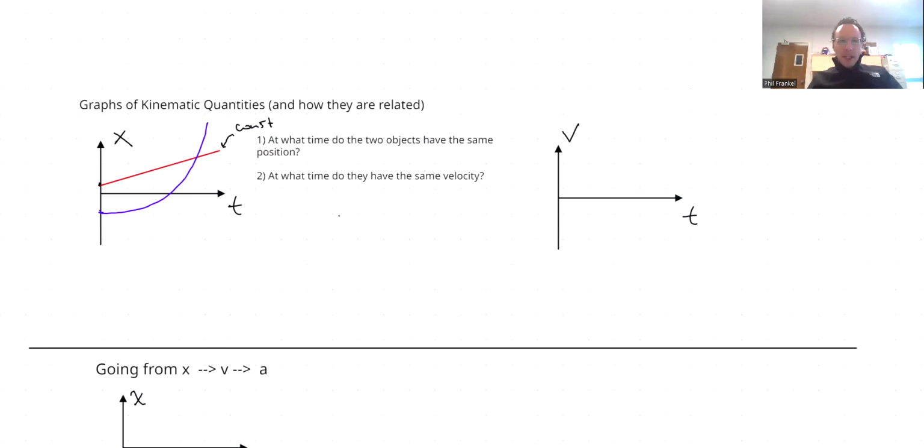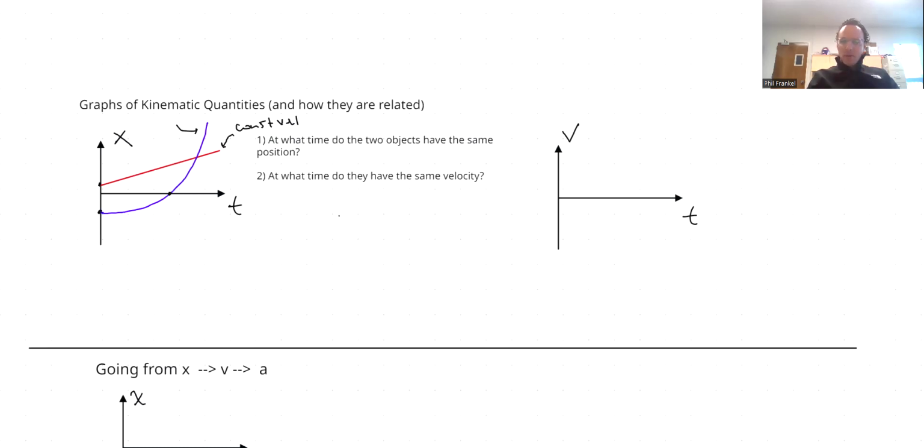The blue object here starts at a negative x coordinate. So the blue object starts to the left of x equals 0. But eventually it reaches the origin and then blasts right by to bigger and bigger positive x coordinates. And I see that the rate at which the position is changing for the blue object is not constant.